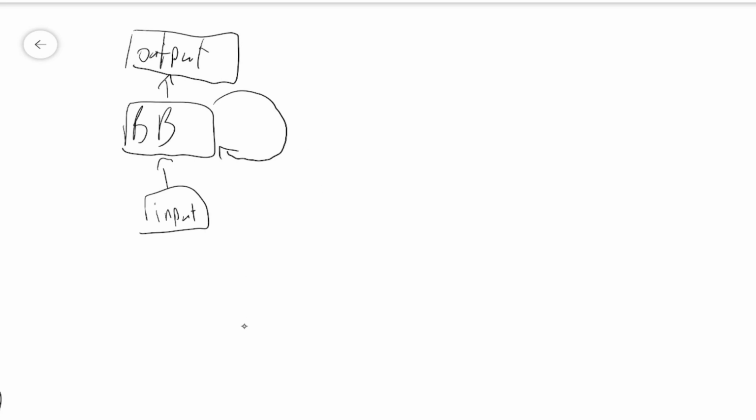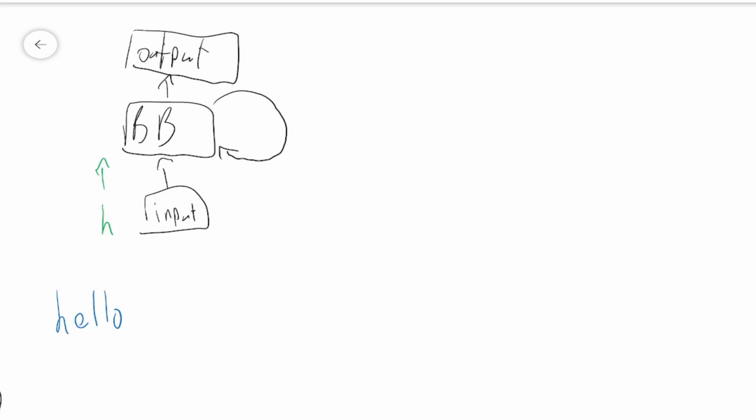For example, let's say we're trying to do letter prediction. We're trying to have the AI predict letter by letter until it forms the word hello. So let's say we input the letter H first, and it goes through.